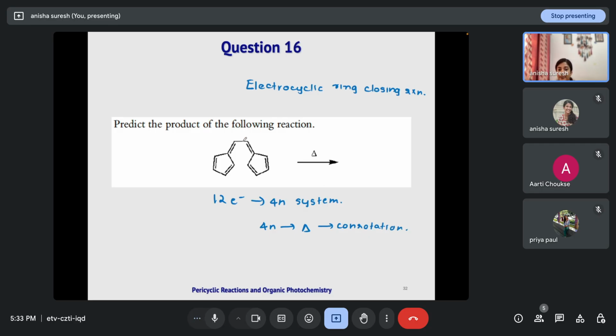Okay, so the reaction will be taking place in this fashion, all the electrons will be involved. And the final product that will be forming will be, here a double bond will be there.